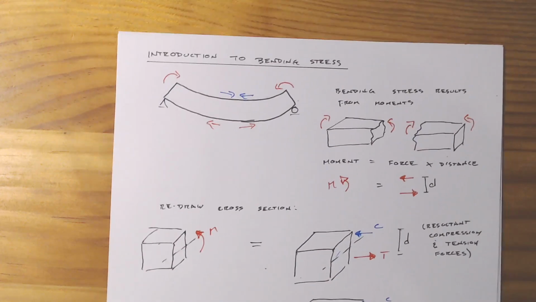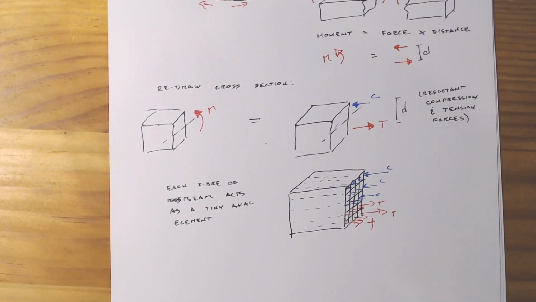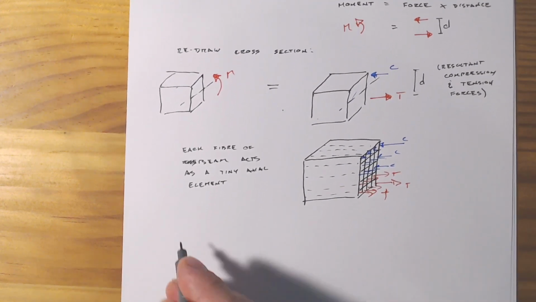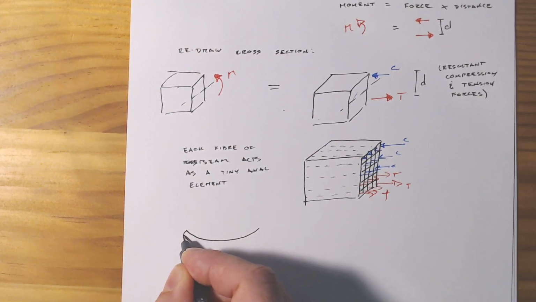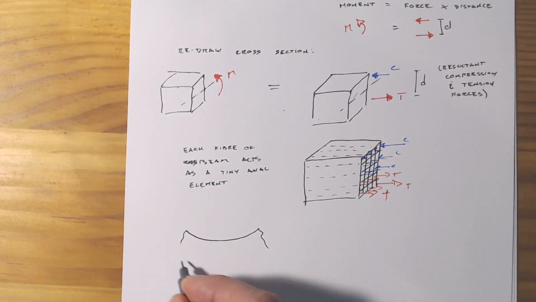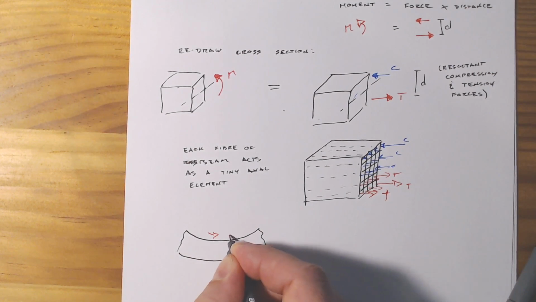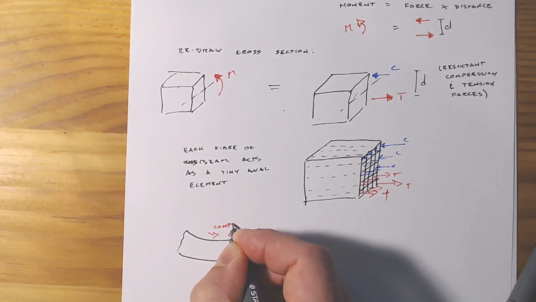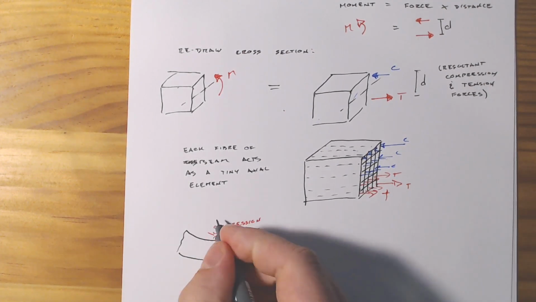Well, let's go back to our little drawing here and redraw it and think about it in a little bit more detail. So if we've got a beam which is being bent, as we've said, we know that the top is in compression, and that means that it's getting shorter.